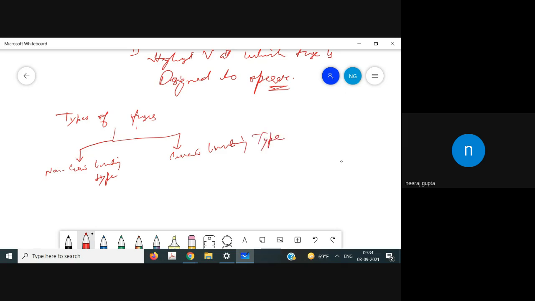Under the non-current limiting type, we will have the expulsion type and the vacuum type.